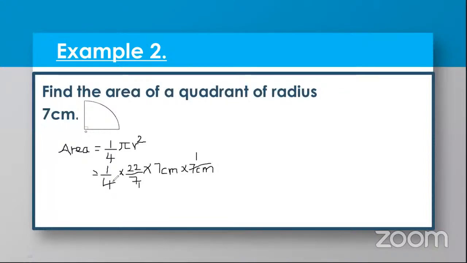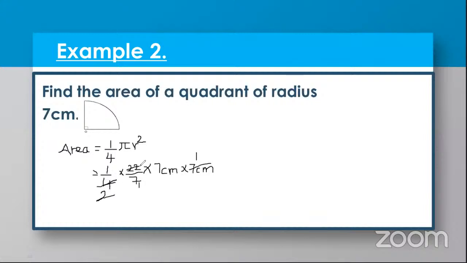The factor. Which factor? The factor 2. Very good, 2. 4 divided by 2, what do you remain with? Remain with 2.